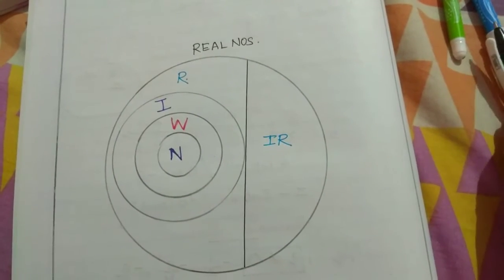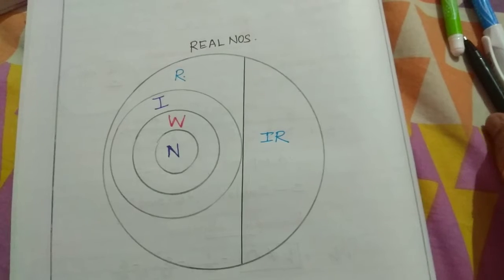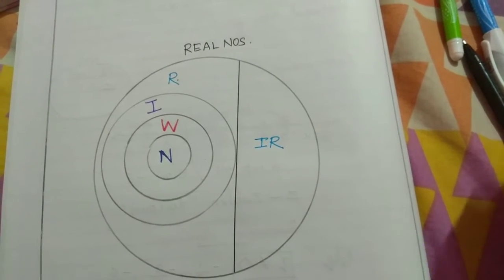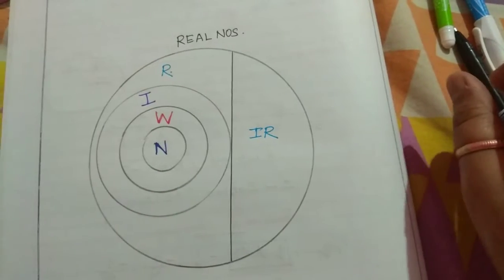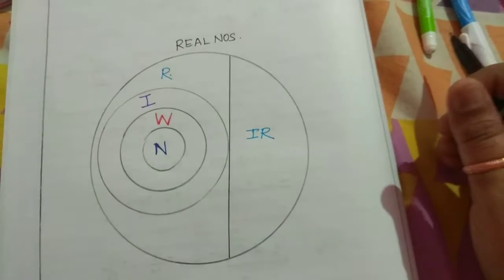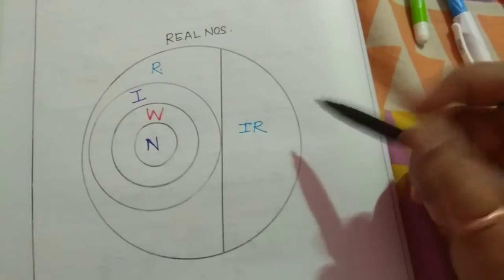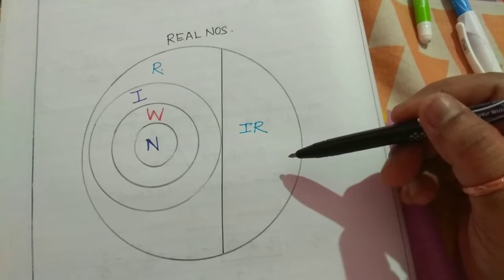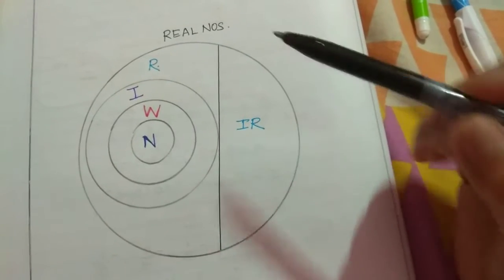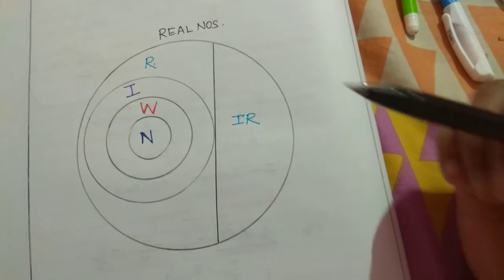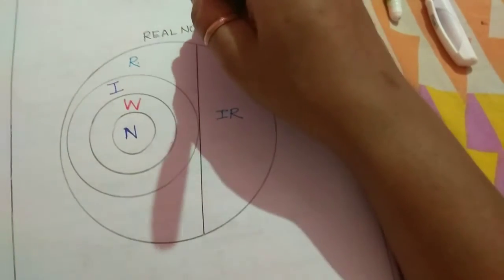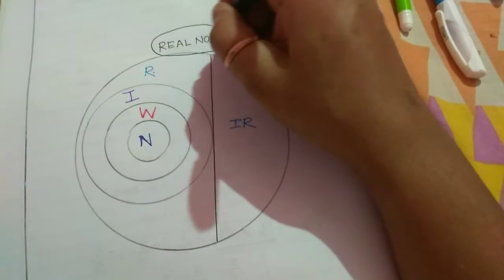So we covered the topic rational number, and the topic which we are going to start today is irrational number. Before starting the irrational number, I want to show you the diagram which I already told in the previous session. Let's check out the real number. What is real number?